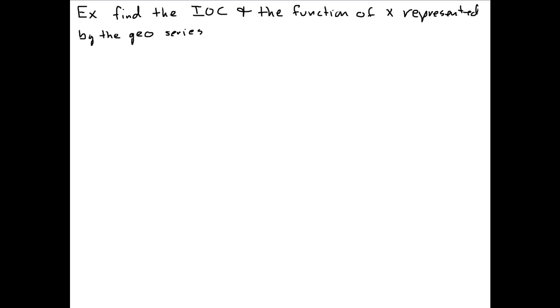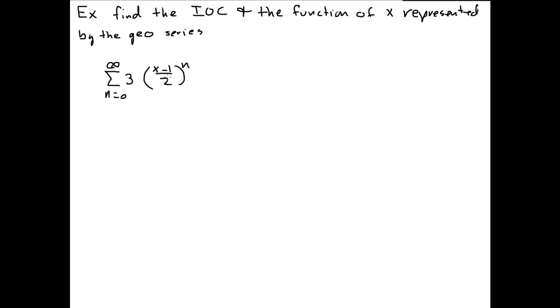Here we have an example. The example says find the interval of convergence and the function of x represented by the geometric series. Here's our example. We have sigma n equals 0 to infinity of 3 times the quantity x minus 1 over 2 to the nth power.